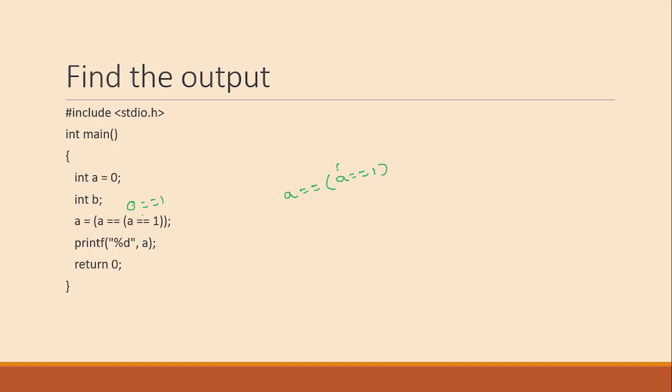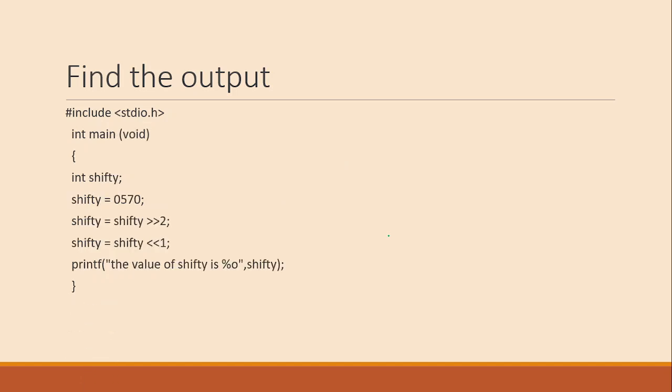So a is equal to 0. 0 equal to 1 is false. So it will result in 0. Now a is equal to 0. Next, a is equal to 0. Come outside. a is already 0. So 0 equal to 0 will be true now. So the answer will be 1. So the answer here in this case is 1.